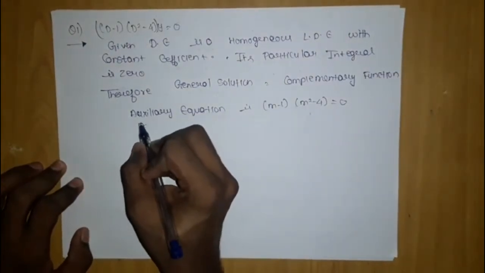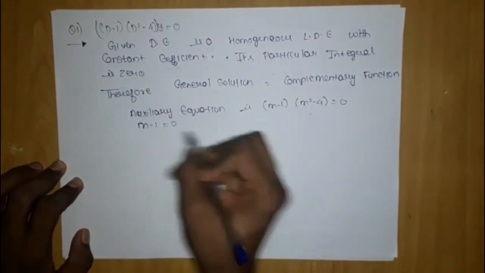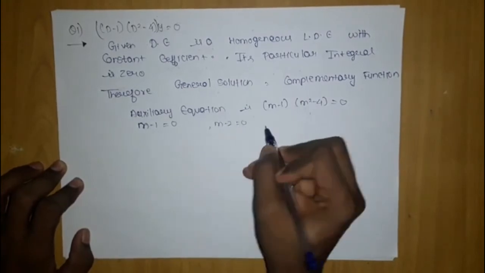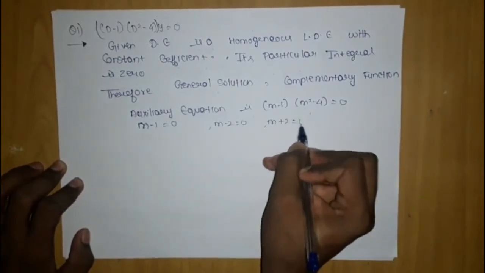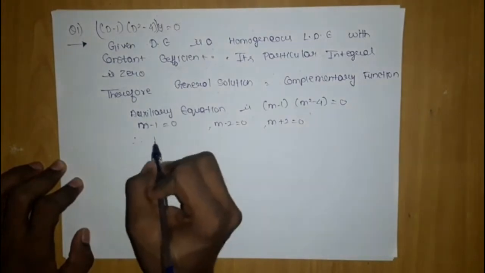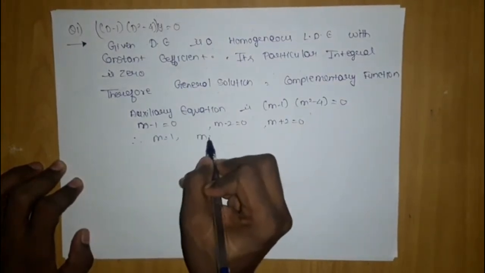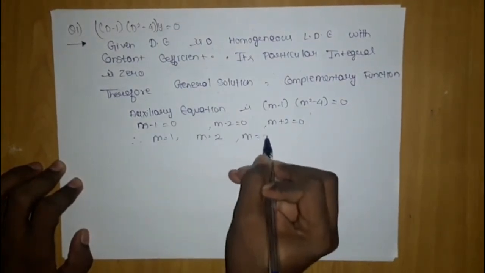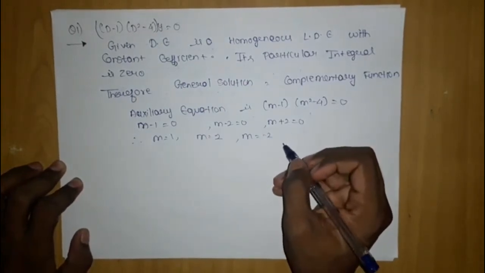So here you can clearly see the roots. You will get m minus 1 equals 0, m minus 2 equals 0, and m plus 2 equals 0. Therefore m equals 1, m equals 2, and m equals minus 2 are the roots.